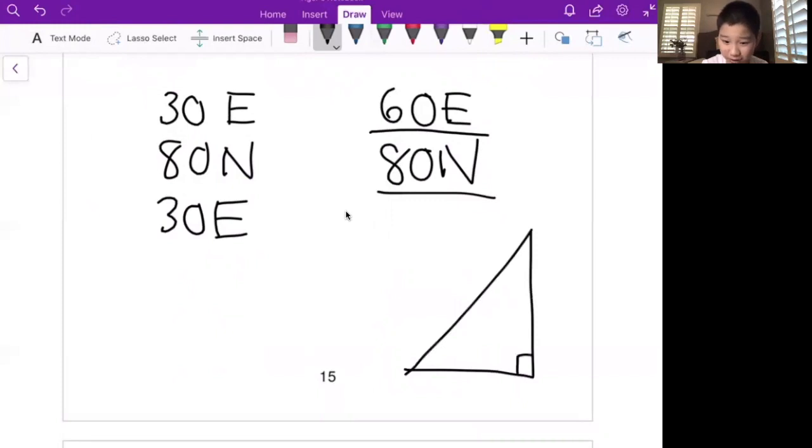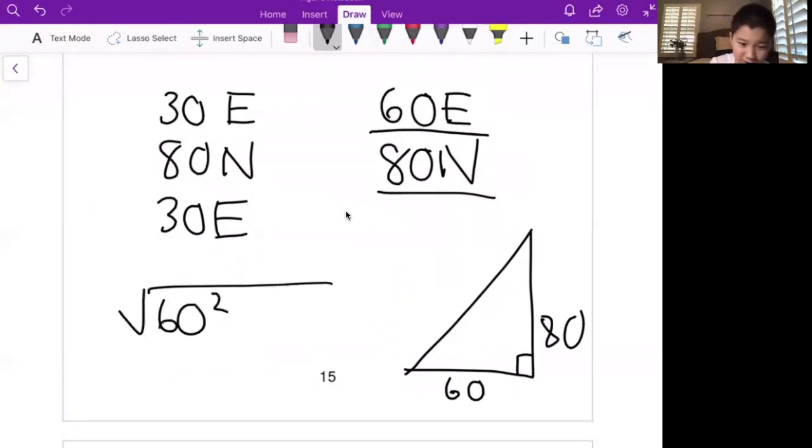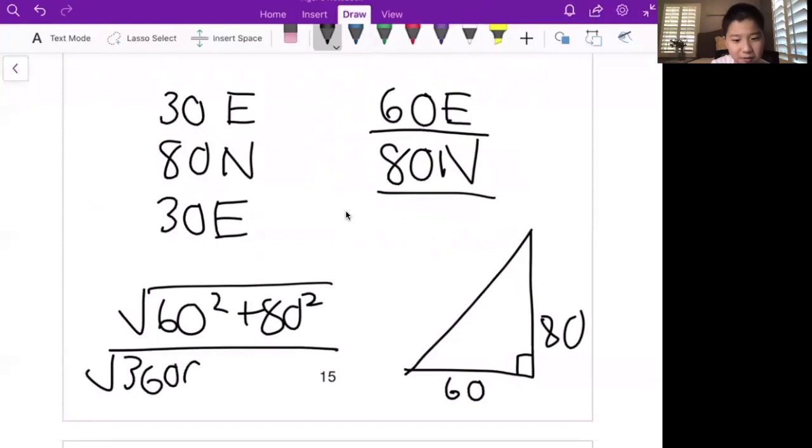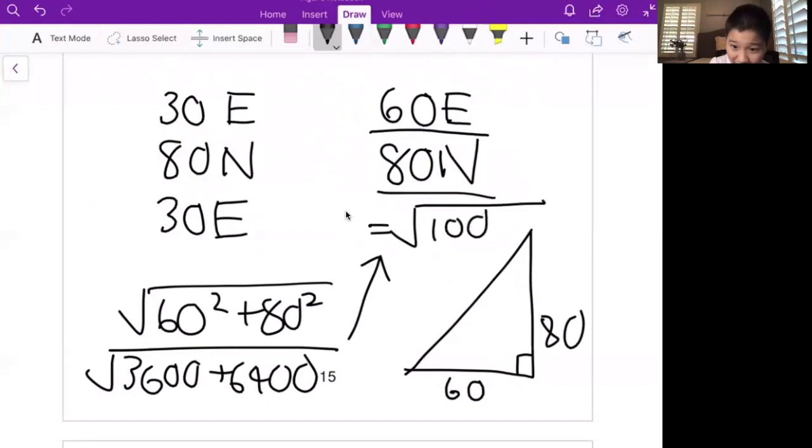The total distance, you can do this by Pythagorean triples or just calculate. So this is the root of 3,600 plus 6,400, which is equal to the square root of 10,000. So that's just 100.